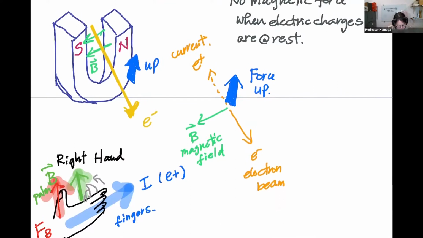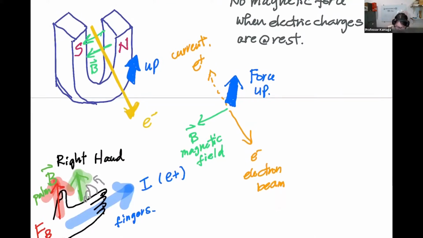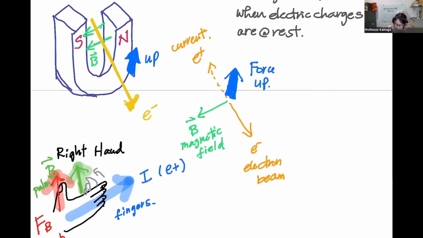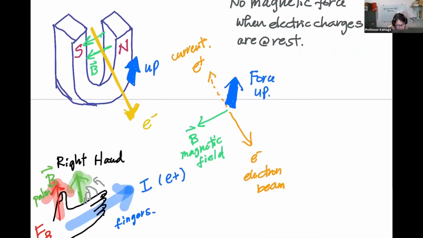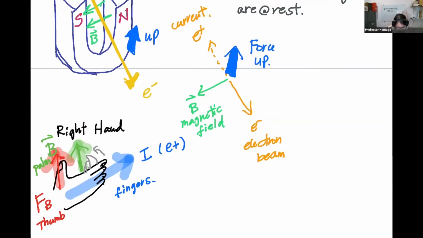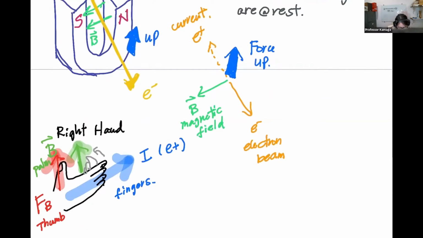All right. So here, the magnetic force is applying only on the moving charge, electric charge. You can have a magnetic force on an electric charge only when the electric charge is moving. And let me see how the magnetic force is applied.